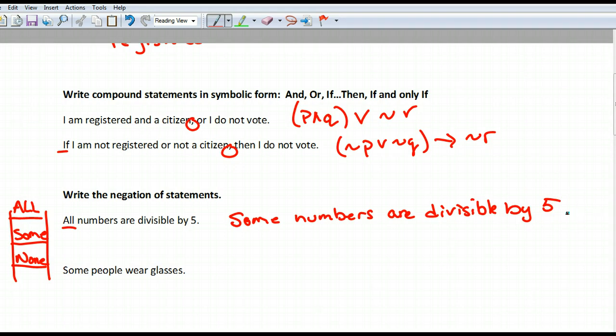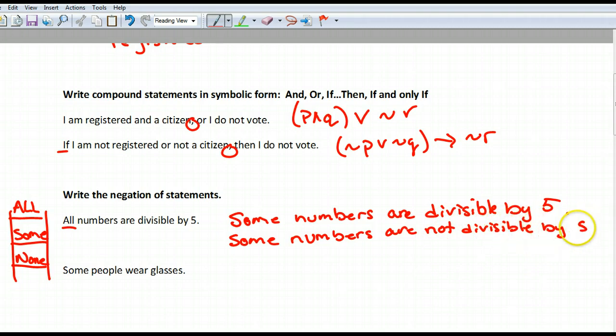Not all numbers. Not all numbers are divisible by 5. That's one way. Or I could say some numbers are not divisible by 5. That also means the same thing. Okay, so there's a few ways you can say this and it would still mean the same thing, okay?